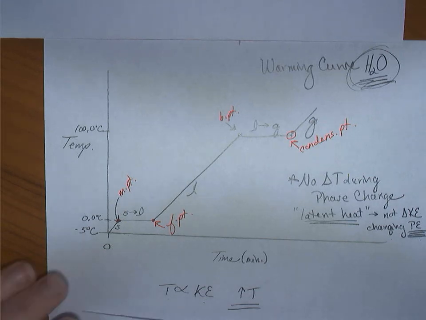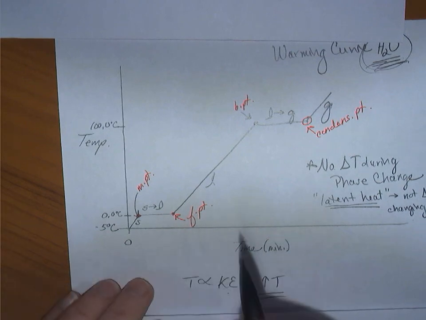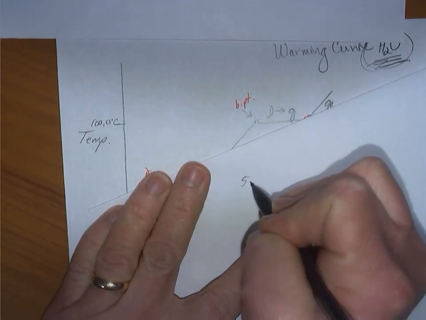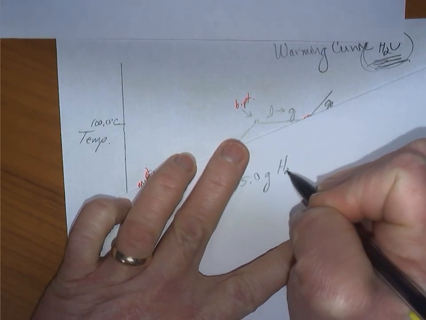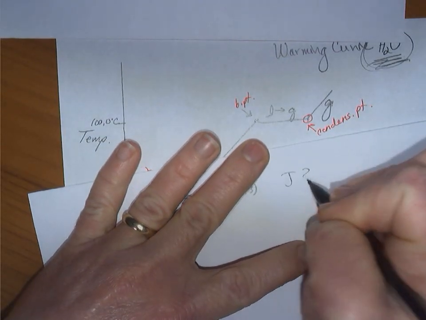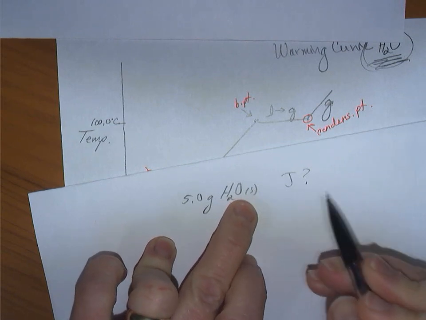water, and let's say that it is at 0 degrees Celsius. How much would it take if those 5 grams were water solid? How many joules would be required to invest to convert this all to liquid?